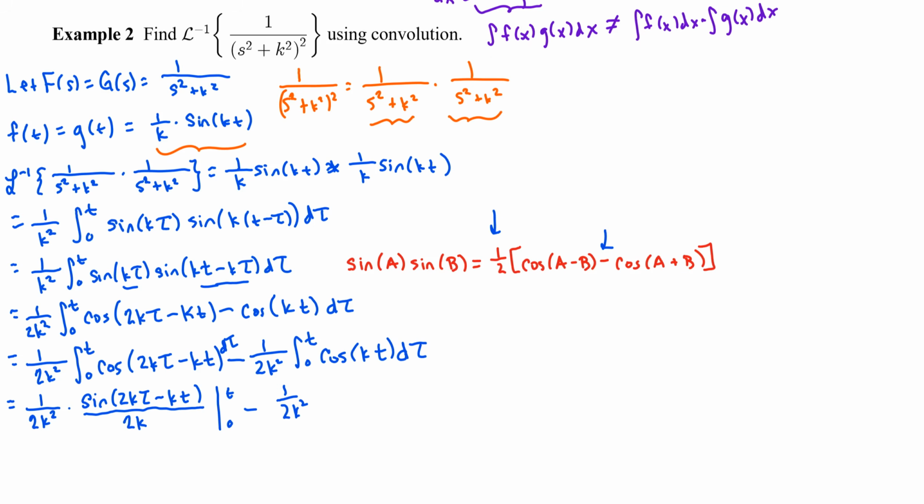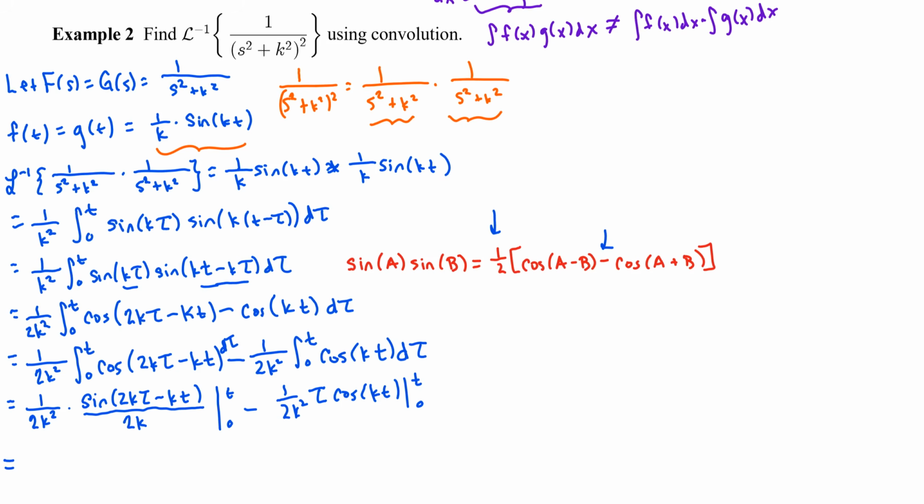So I'm going to put the tau over here, variable times constant. Okay, and we're going to run that from 0 to t. All right, so again, we integrated a constant with respect to the variable tau, so we end up with that constant times tau. Now, let's go back and apply our upper and lower limits.